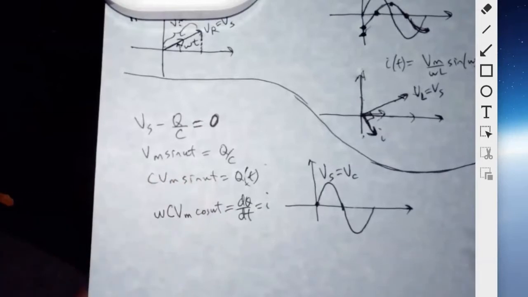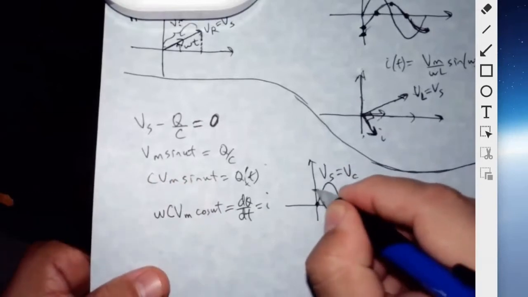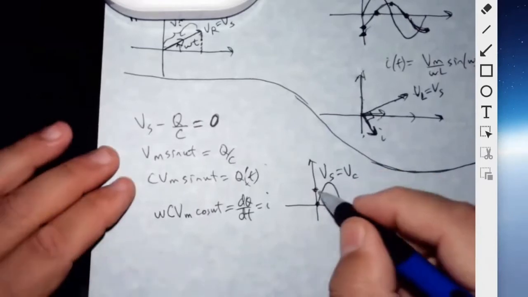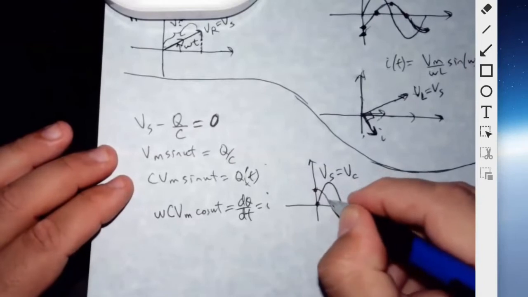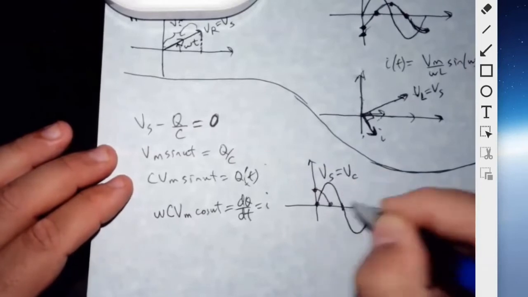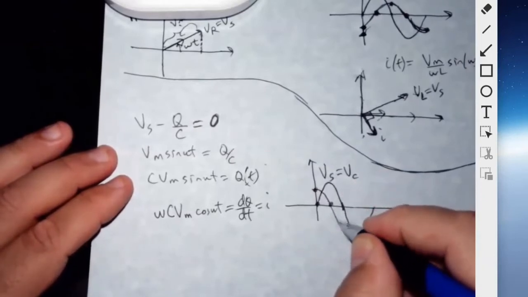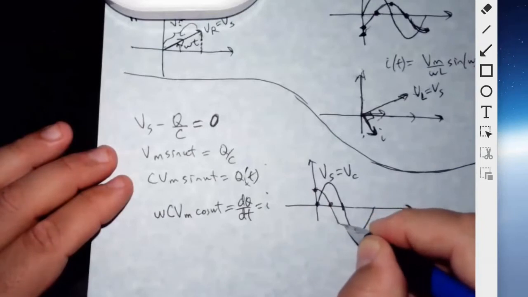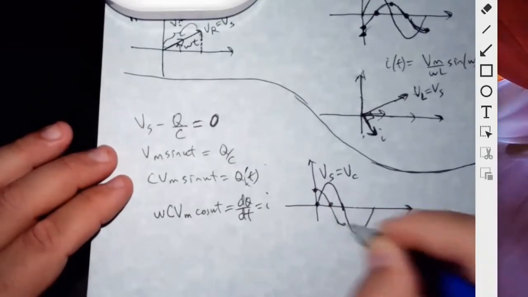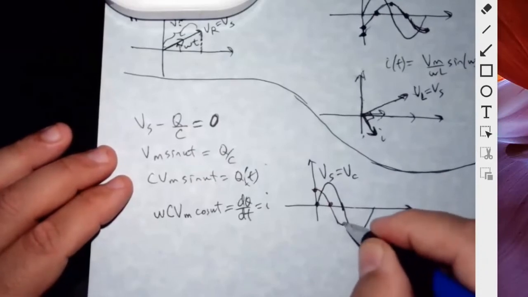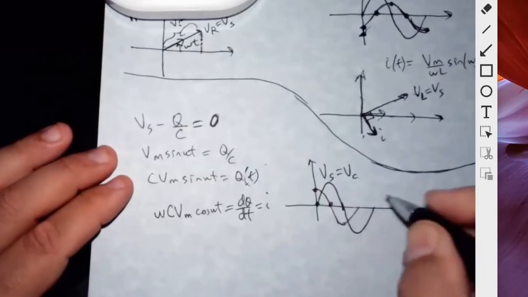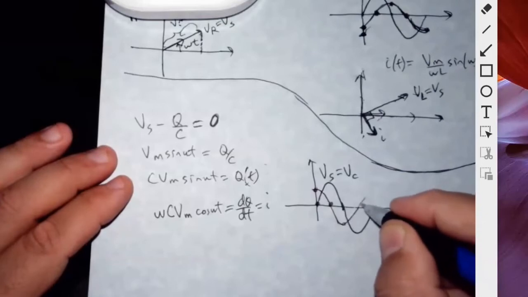So the current will start over here and be positive. Then it's going to go down. When this is 0, that one is at its minimum. Then when this is negative, this reaches 0. And then when that reaches 0, this reaches maximum.